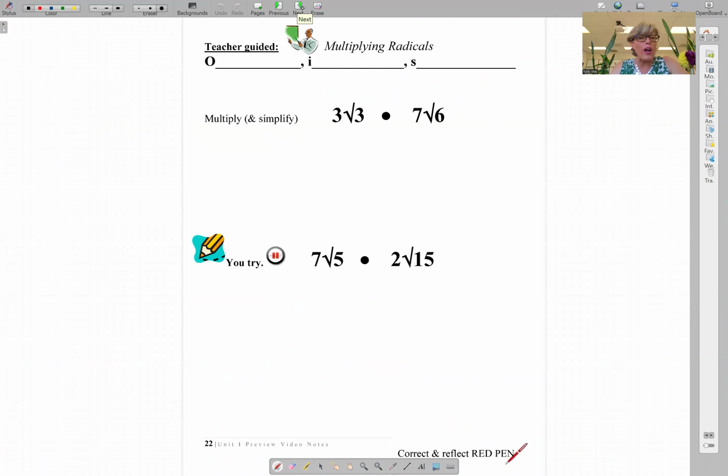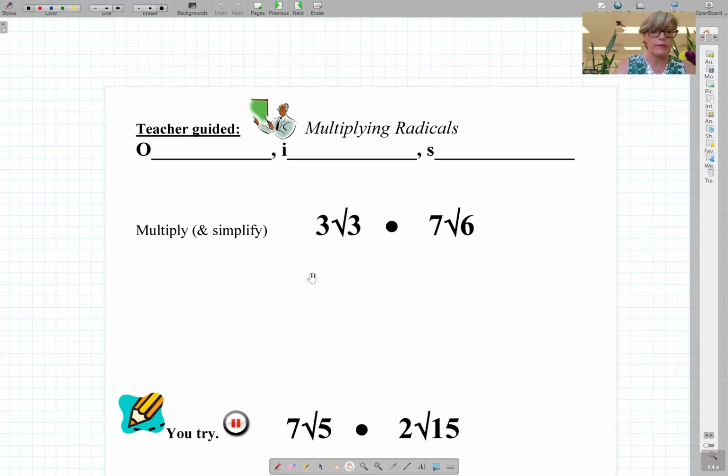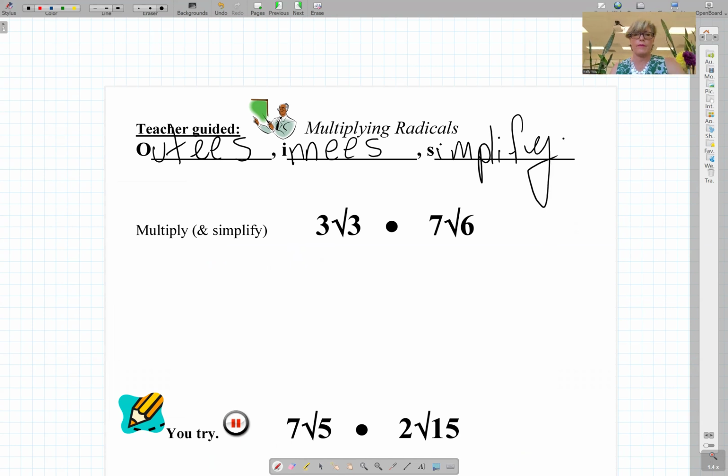Okay, so we simplified radicals. Then we added and subtracted radicals. Now we're going to multiply and divide. Outies, innies, simplify.